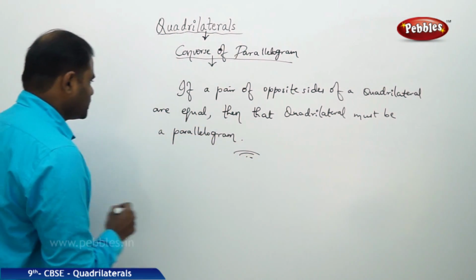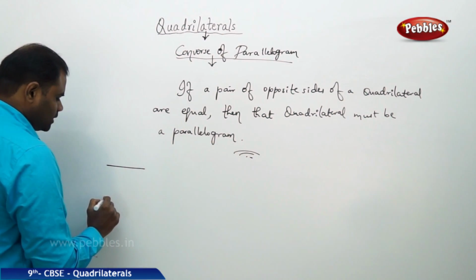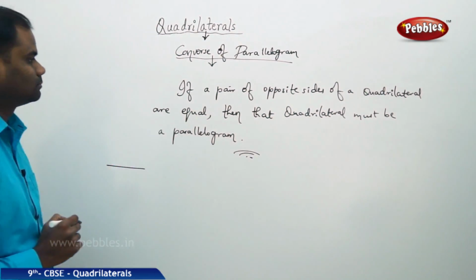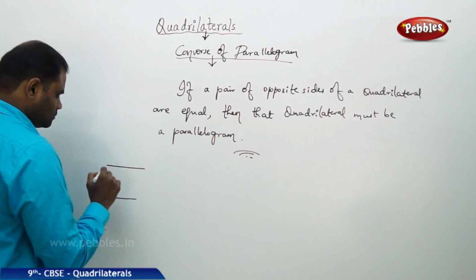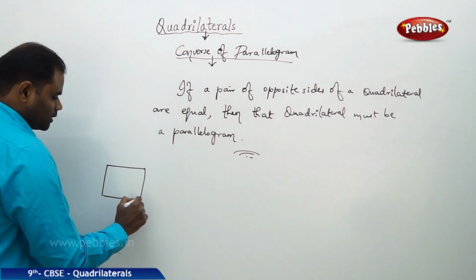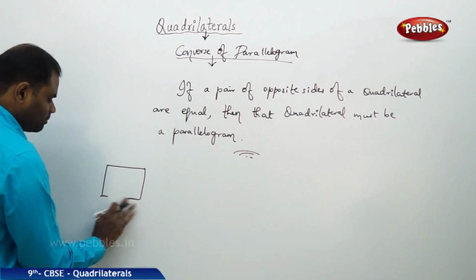That is, if I take two pairs of lines of equal lengths and form a closed figure, then that closed figure must be the shape of a parallelogram.